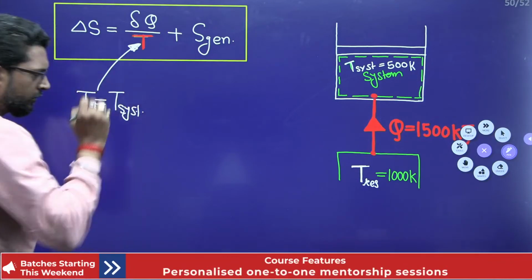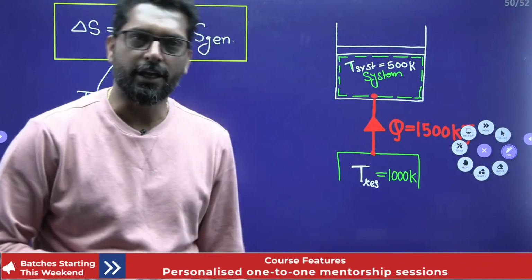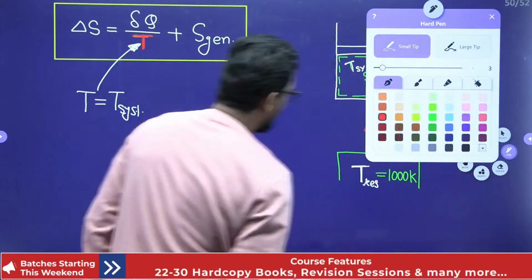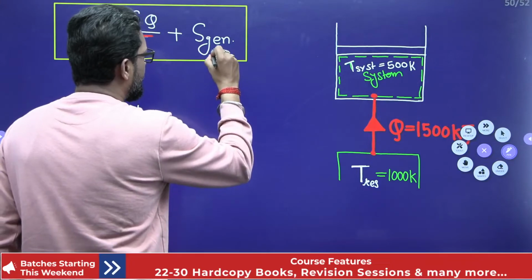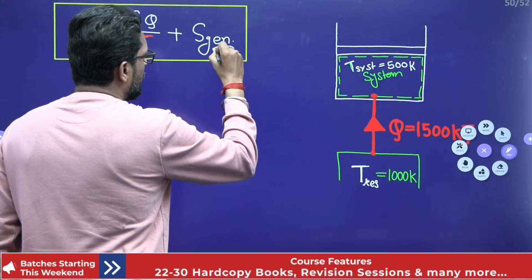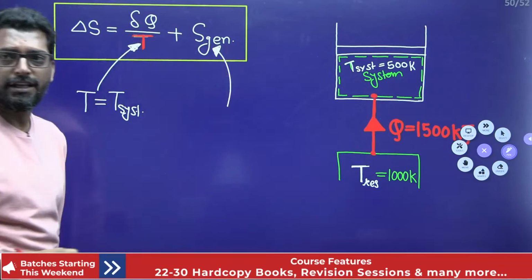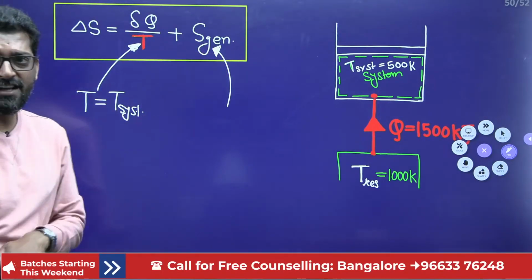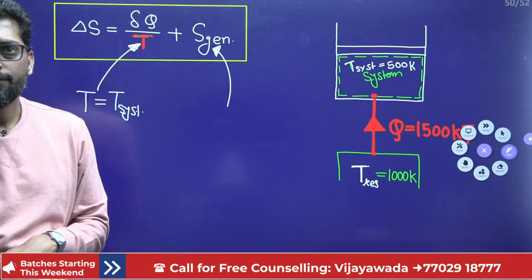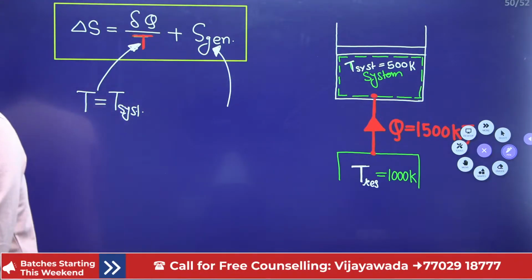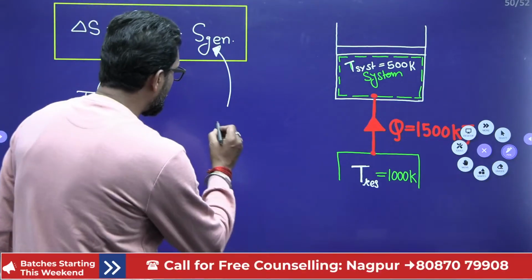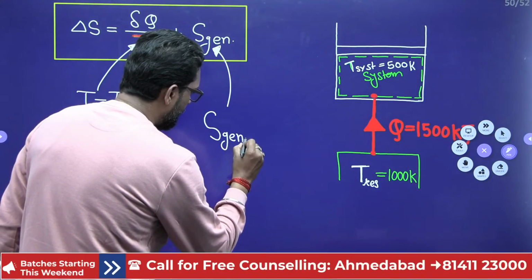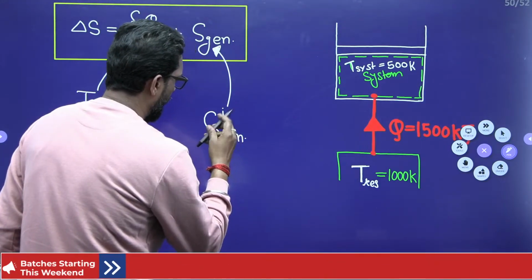Okay. So in this condition, what is the meaning of this generation here? If you put the temperature of the system, what is this generation? This is the internal generation, very important.